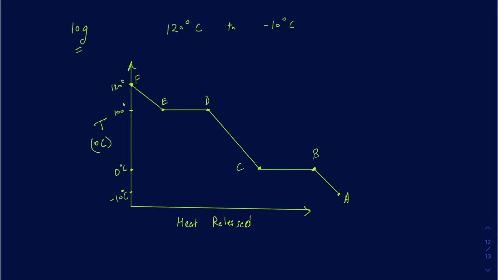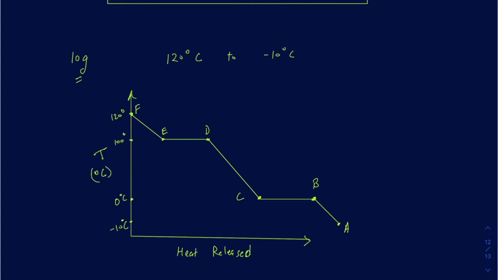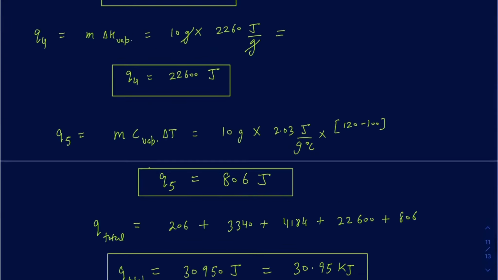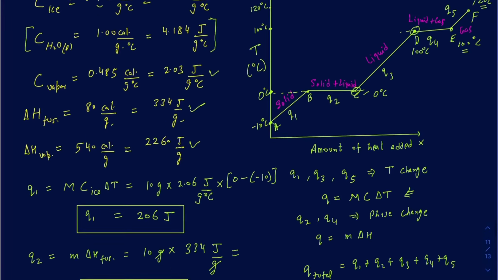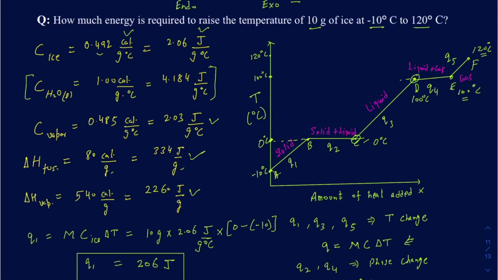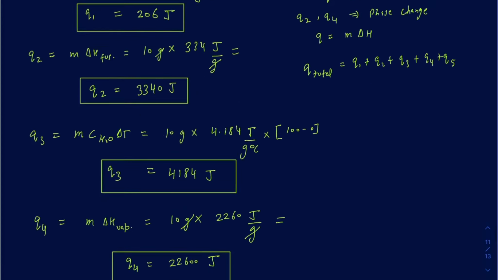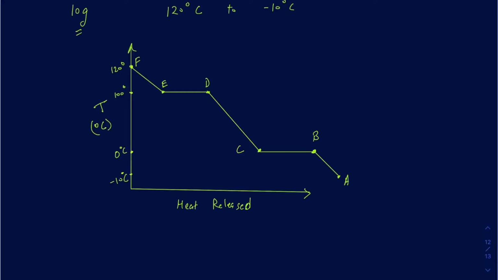And to keep this relevant to what we just did up there, I'm going to say those Q1 to Q5 again. So this is going to be Q5 here, this is going to be Q4, this is going to be Q3, that's going to be Q2, and that's going to be Q1.